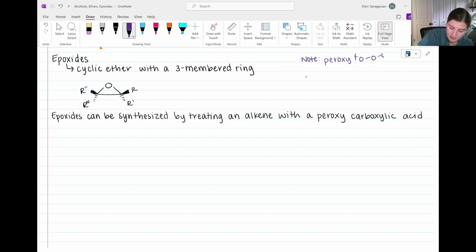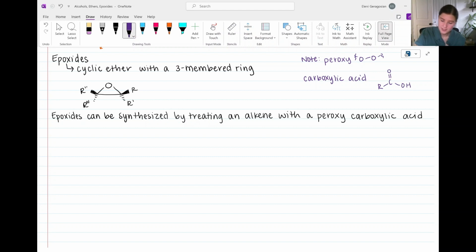A carboxylic acid is when we have a carbonyl. Carbonyl carbon is bonded to an OH group.